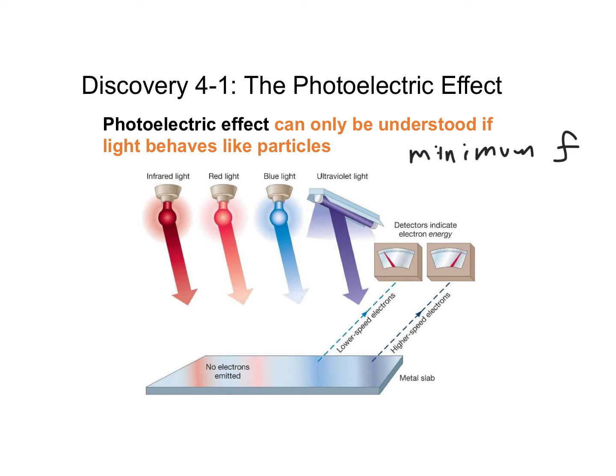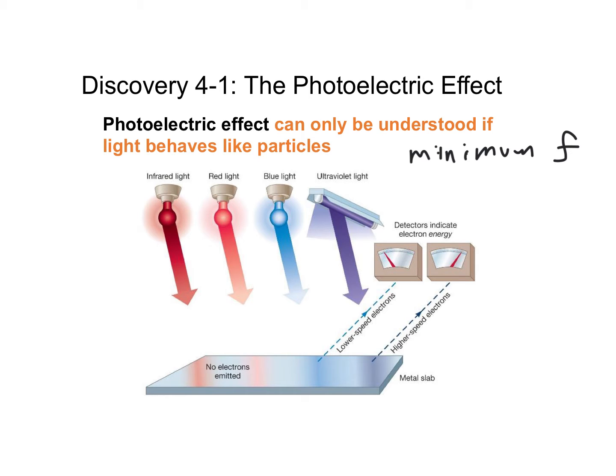Because imagine you have red light shining on this metal. You can see in the picture here, we've got infrared light, we've got red light, and we're not getting any electrons being emitted or flowing through this metal. And it wouldn't matter how bright that red light would be, you're not going to get any electrons flowing.